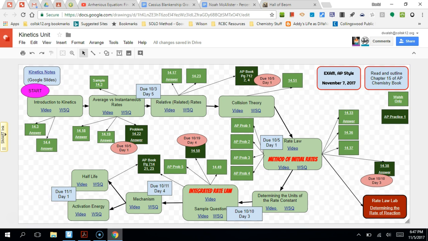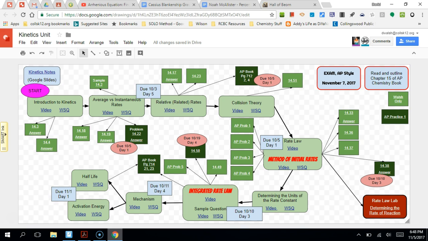I'm not saying that I'm not going to include method of initial rates or the integrated rate law as multiple choice, but in general, the main points for those are in the open-ended section.